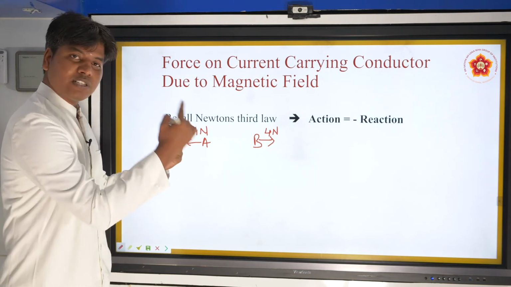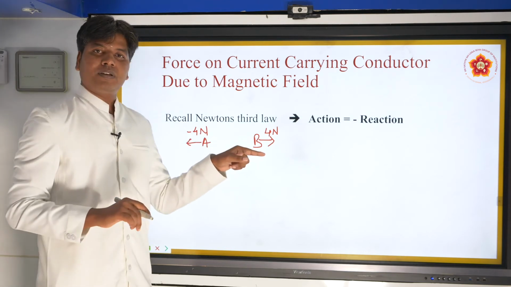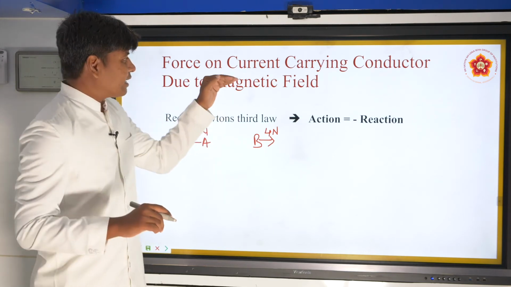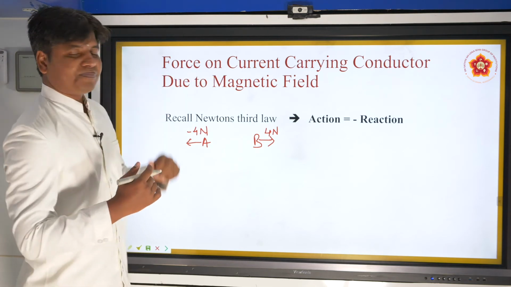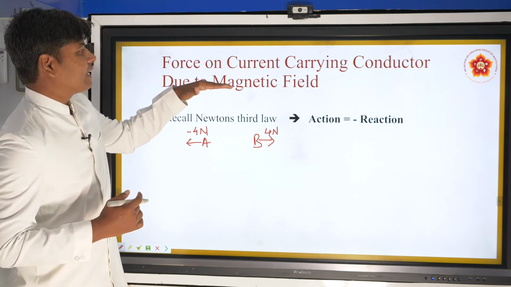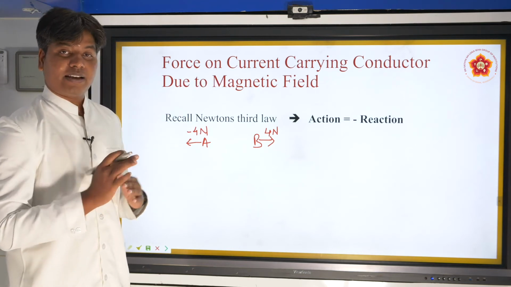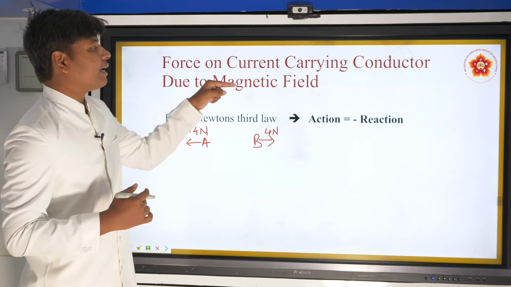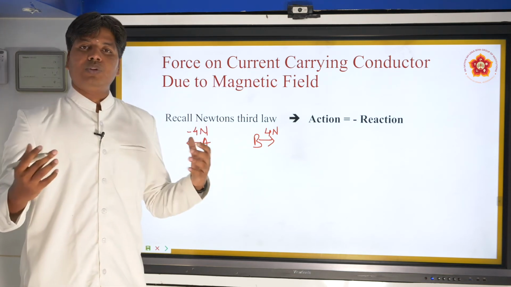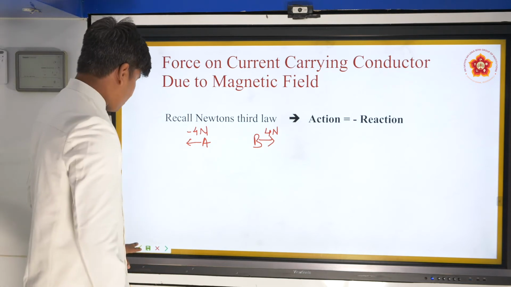Okay, let us use this concept to observe the force experienced by a current carrying conductor due to the external magnetic field, the magnetic field we provide externally. Okay, let us go and explore it.